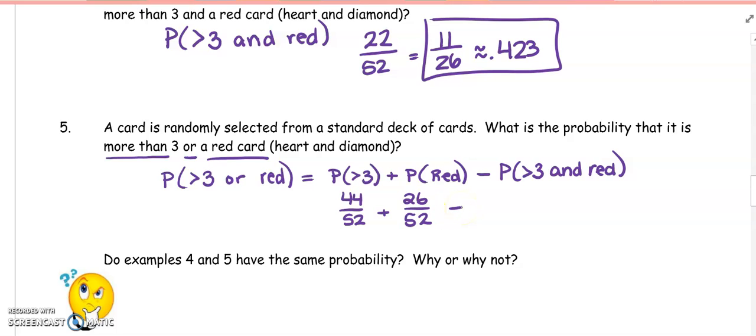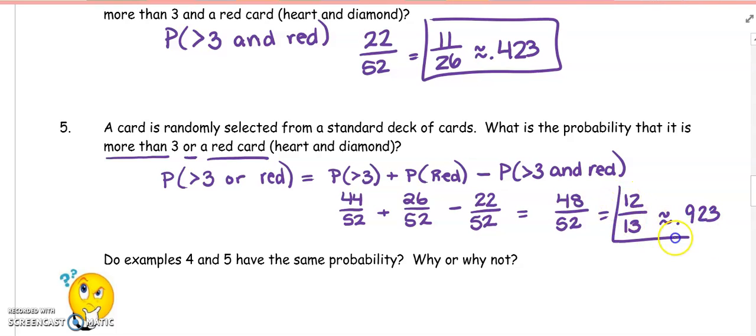And then the probability of it being greater than 3 and red, well, I can take that from right up here. That is 22 out of 52, which if I simplify that, gives me 48 of the 52 cards, which is 12 out of 13, approximately 0.923.